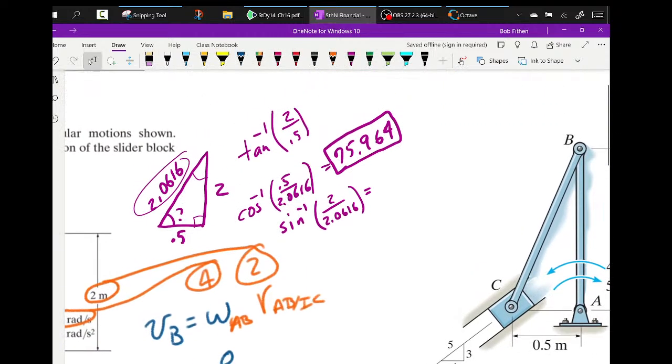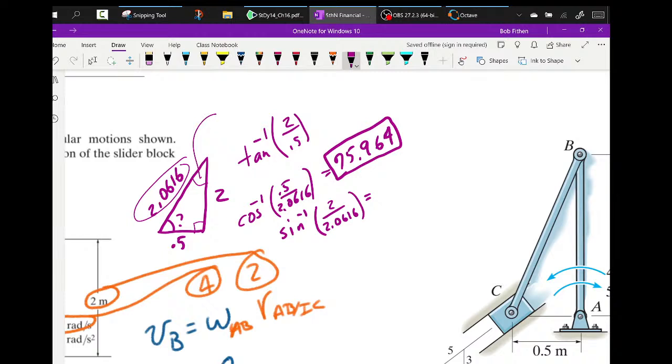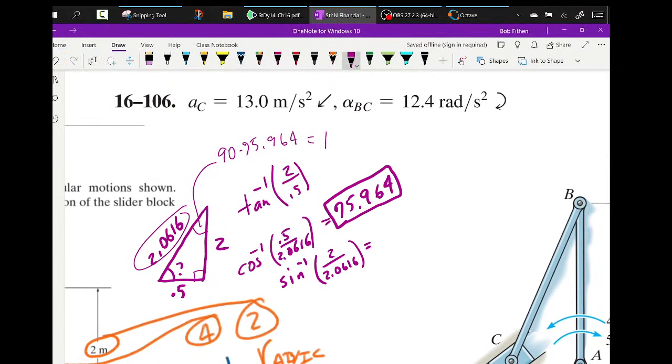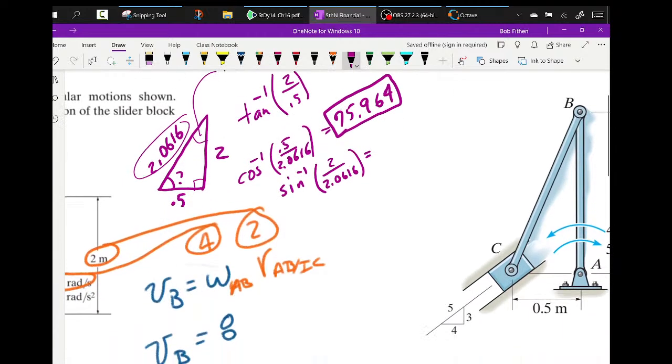So if that's the case, then this angle here, I mean, I can use the cosine and sine, but I know that's 90, so I can just take 90 minus 75.964, and it'll give me 14.036.